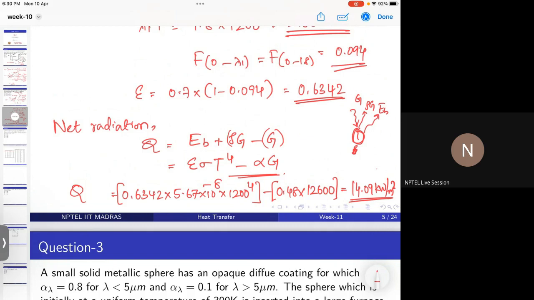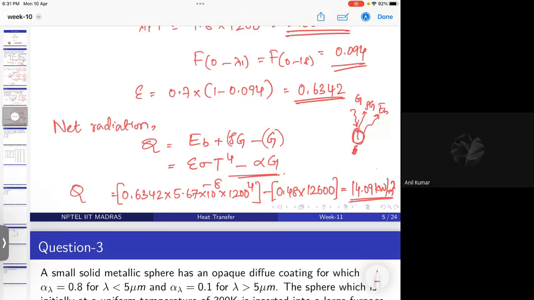How do we consider the net of an object? Whatever coming in minus whatever coming out, or coming out minus coming in. I hope it is clear. So some part of radiation is coming in, and some part is reflected, and it is emitting some energy because of its temperature, which is the emissive power.